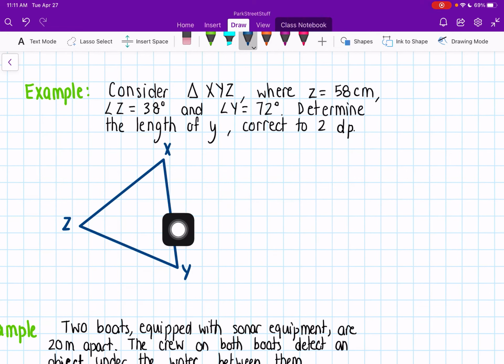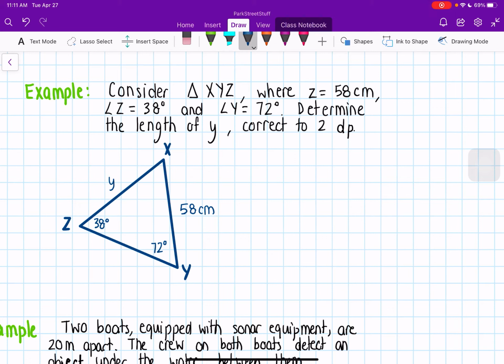So across from that is where the side Z is. So this is given as 58 centimeters. And then angle Z is given as 38 degrees. Angle Y was given as 72 degrees. And we want the length of side Y. And this is where side Y is.